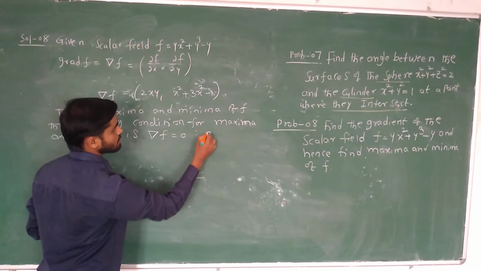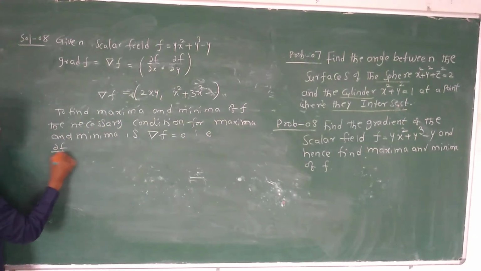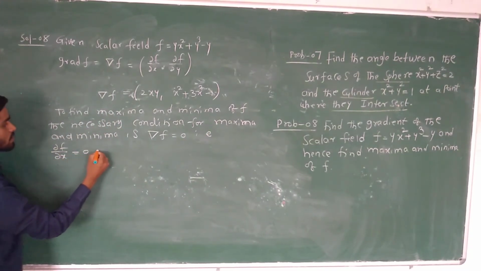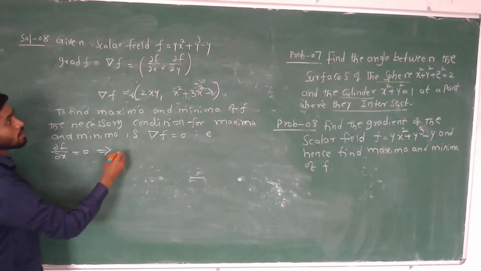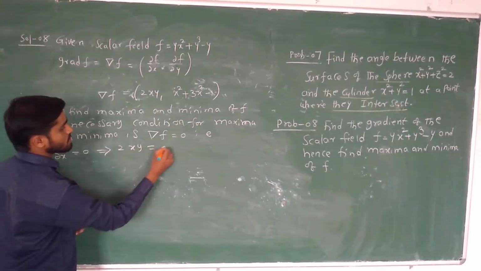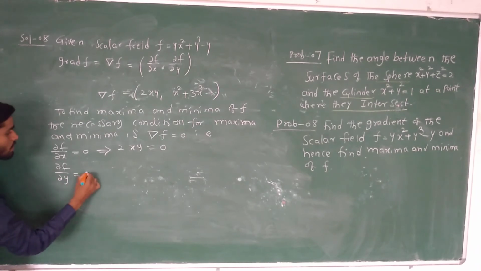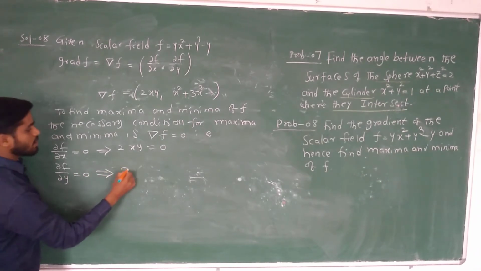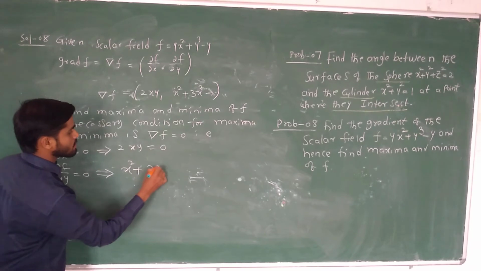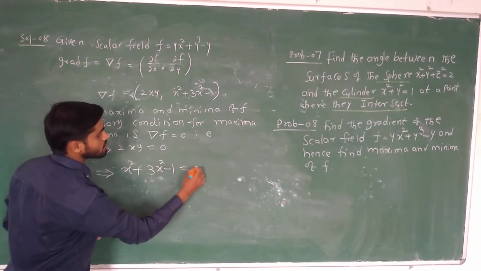So that is dou f by dou x equals to 0. That implies 2 into xy equal to 0 and dou f by dou y is equal to 0. That implies x square plus 3y square minus 1 equal to 0.